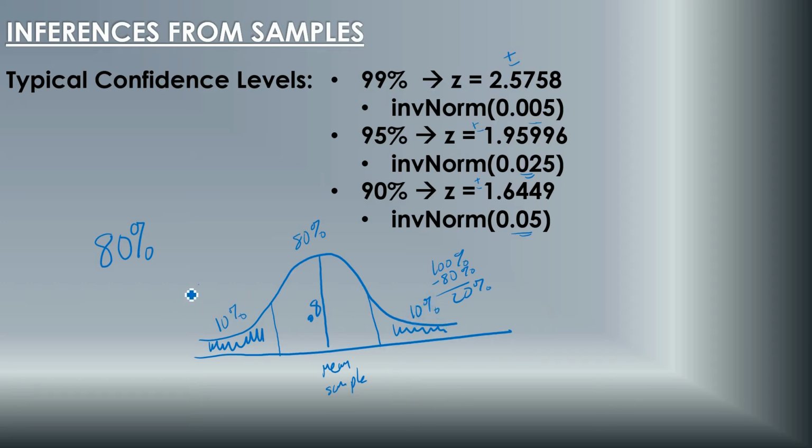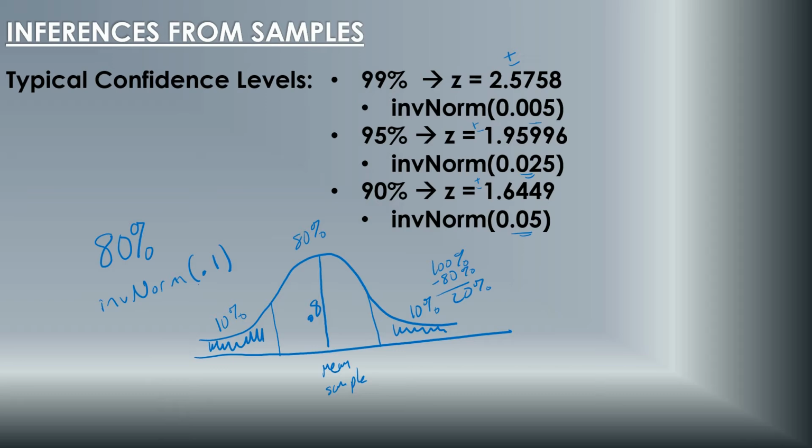So how am I going to get that z-score? I'm going to do my inverse norm, and I'm going to use not 0.8, but 0.1. Now that's going to give me the negative value, but I'm just interested in the absolute value.